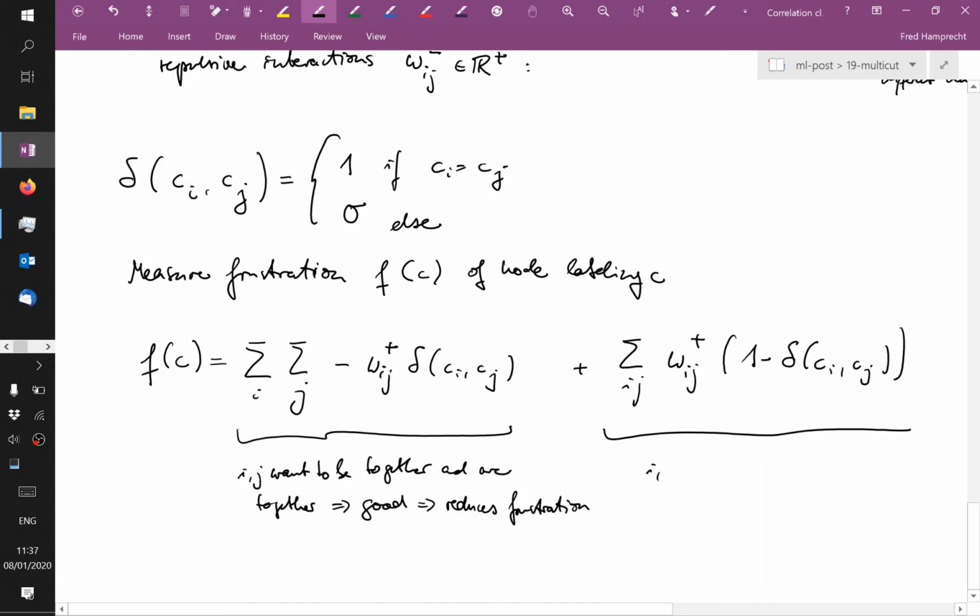So here, ij want to be together if this wij is non-zero, but are in different clusters. This is bad, and this increases the frustration.